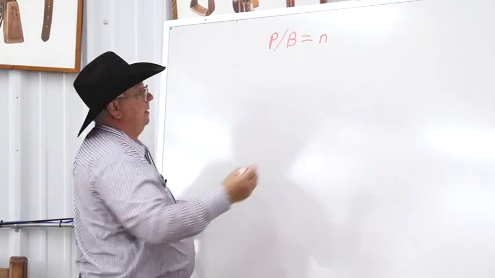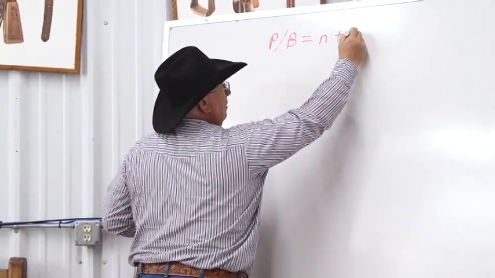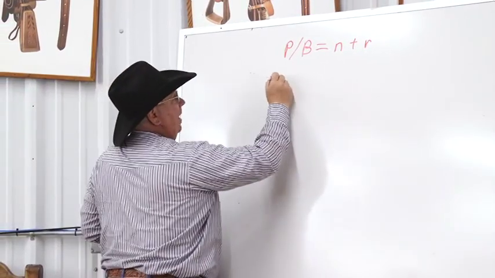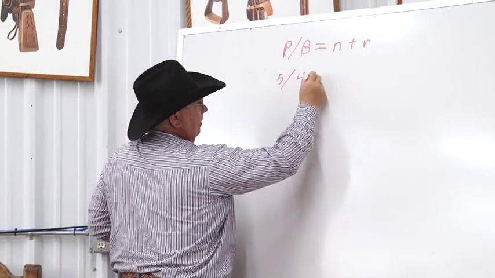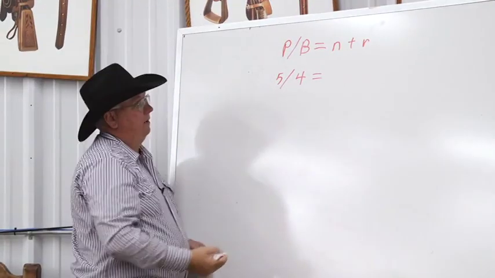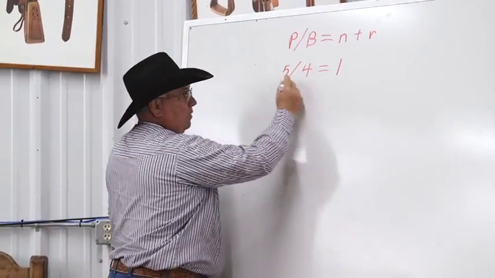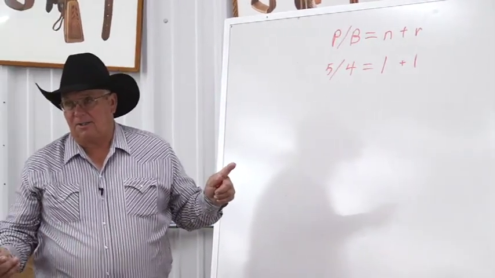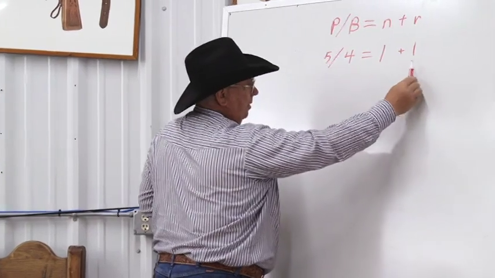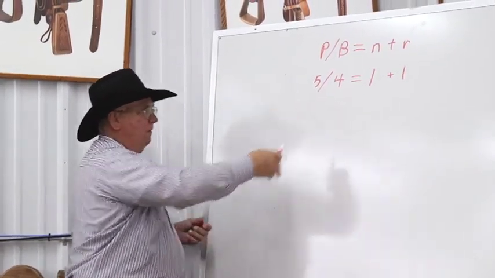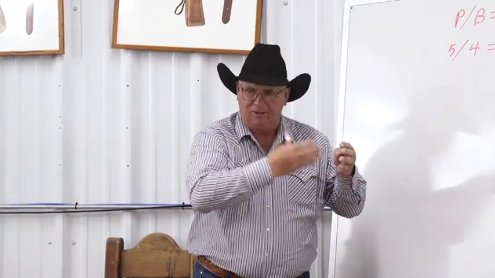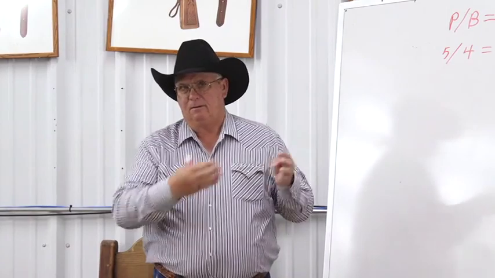Then you have your remainder, R. So if we had a 5-part, 4-bite knot, 4 will go into 5 one time with a remainder of 1. Any knots that have a remainder of 1 or 1 less than the number of parts are easy to tie. That's most of the knots that we tie. Those are the ones that you can tie by the pattern so that the pattern comes out equally, as they go.